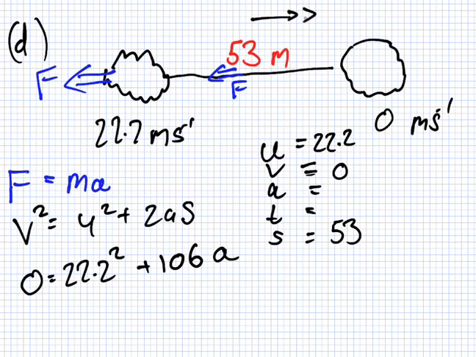The arrow is a force arrow. It's the force slowing it down. The force is to the left, but the car is moving to the right. So A is 22.2 squared divided by 106, negative, because it's slowing down.